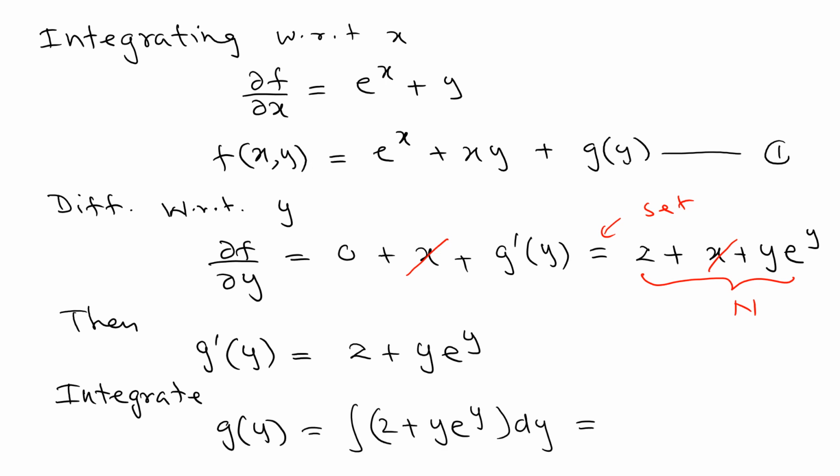So we integrate term by term. The first term is going to give you 2y. The second one is the integral of y e^y. For that we would use integration by parts, but what we normally do, we use a shortcut in these situations. So let's do the shortcut and get the answer.